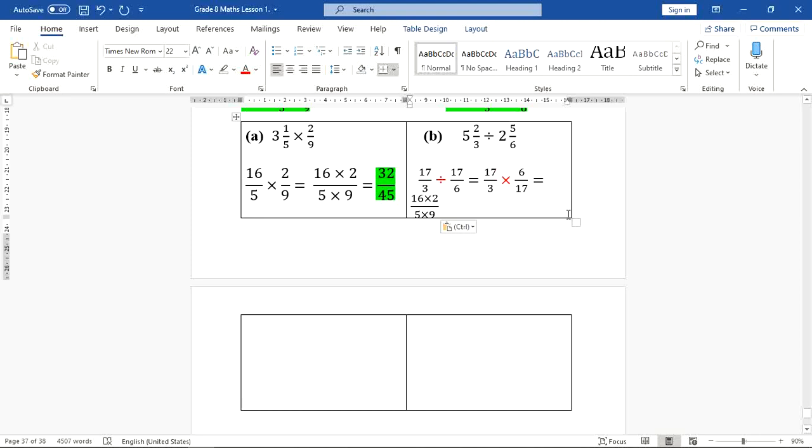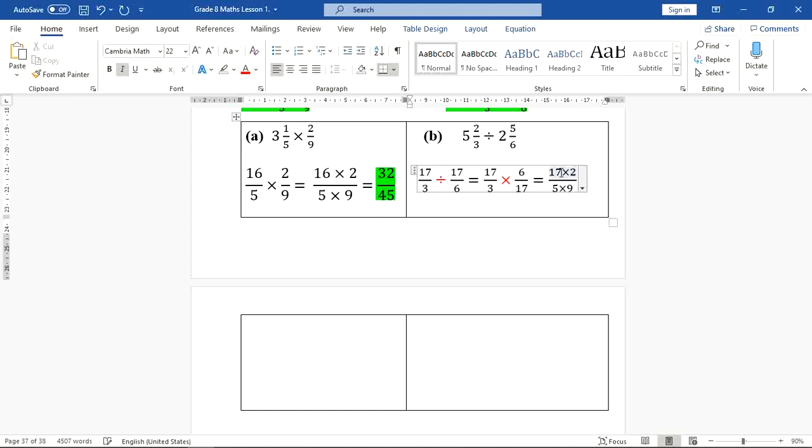Okay, so we need more space. 17 times 6 looks like it's going to be a big number. 17 times 6, and 3 times 17. That should give us the following answers.